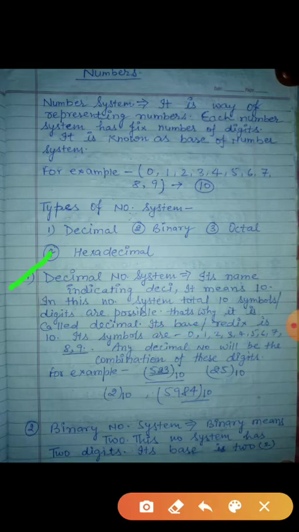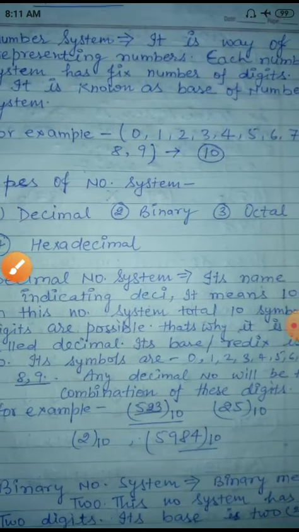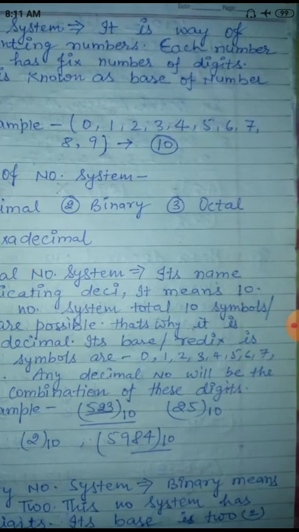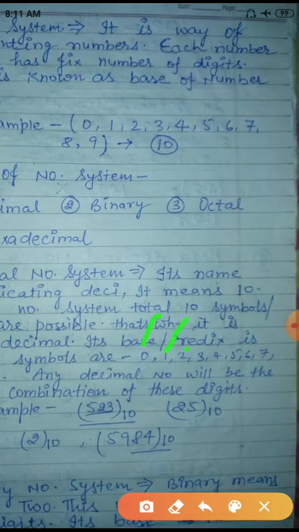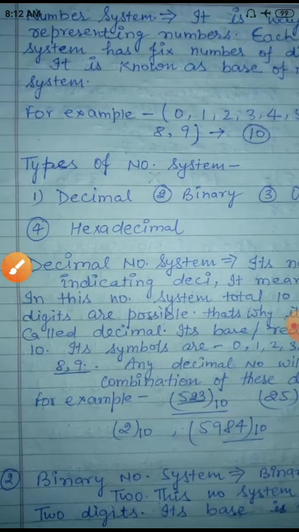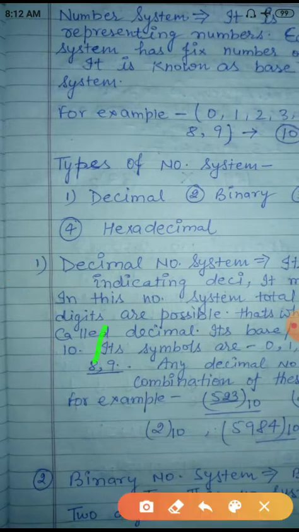Its symbols are, so how many symbols are in this one? So look here, the symbols of the decimal number system: 0, 1, 2, 3, 4, 5, 6, 7, 8, 9. So total how many?